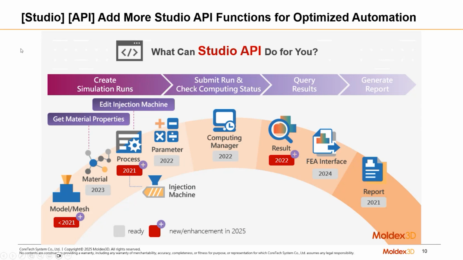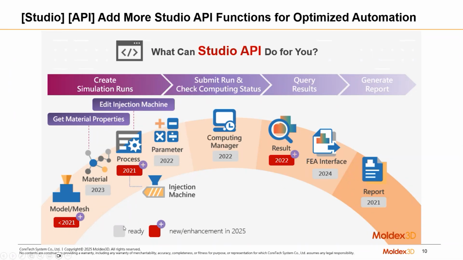And also along the lines of automation, we already have an API capability where you can script Moldex3D to run certain functions for you. This function has been available since 2021. However, we have implemented some new functionality in 2025 to increase the flexibility and capability of this API function.